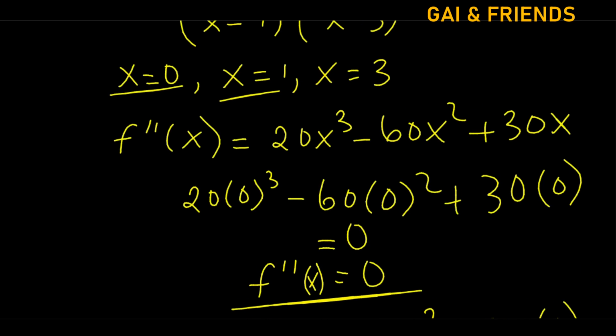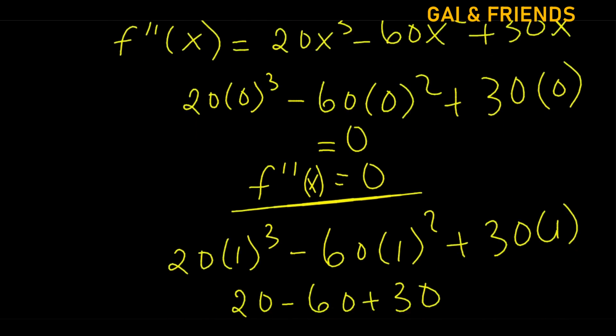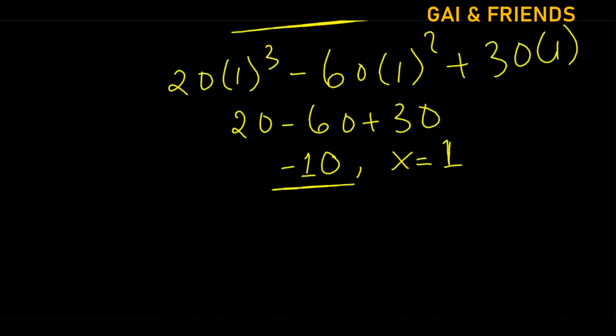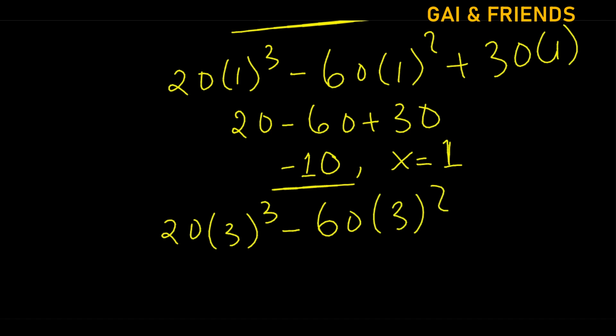Now let's look at it when x is 3. What do we get? It's going to be 20 times 3 raised to the power 3 minus 60 times 3 raised to the power 2 plus 30 times 3. So 3 raised to the power 3 is 27, times 20 is 540.